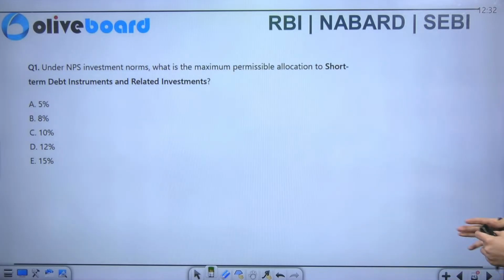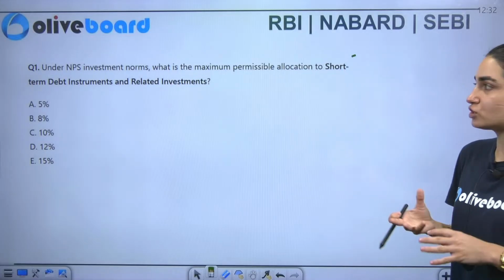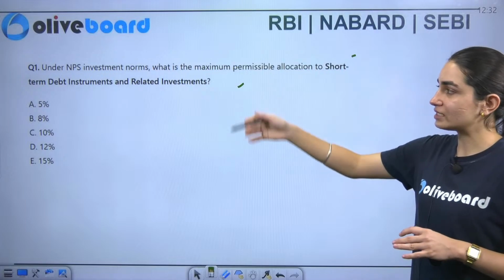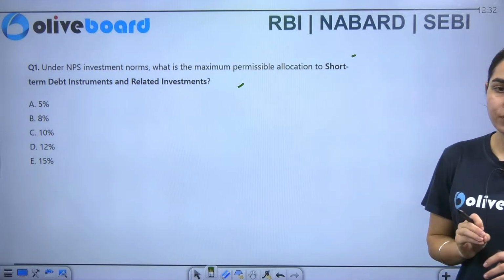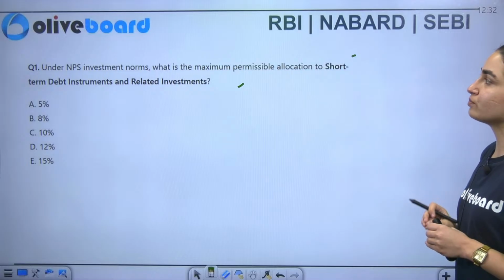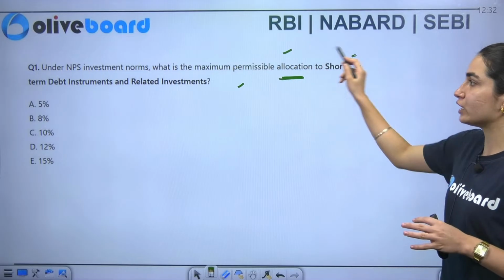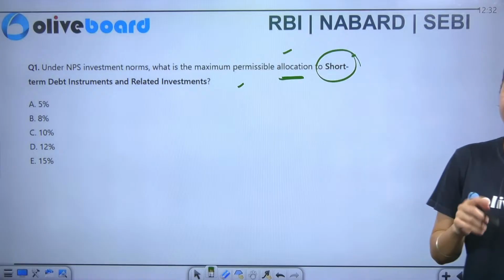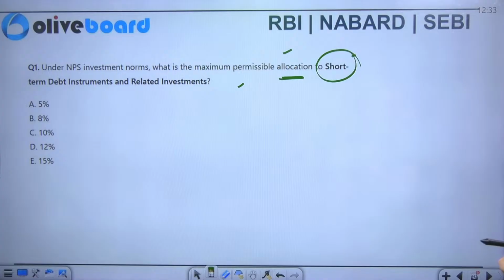Next question says, under NPS investment norms, what is the maximum permissible allocation to short-term debt instruments and related investments? Is it 5%, 8%, 10%, 12%, or 15%? Gautam says B. What about other individuals?